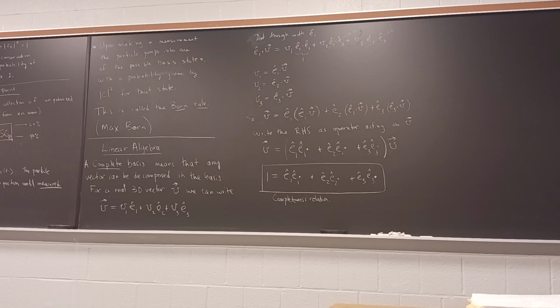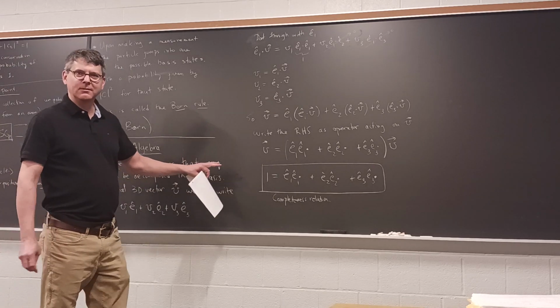All right, any questions about that? We're going to use this kind of thing repeatedly. I'll rewrite this in Dirac notation in just a minute, but does everybody understand the concept here?